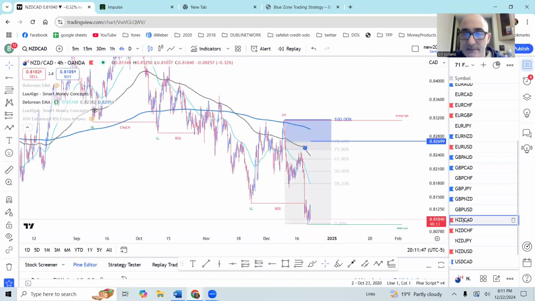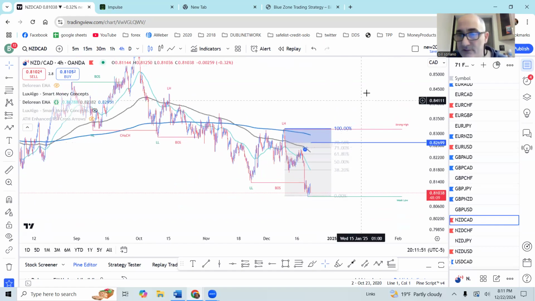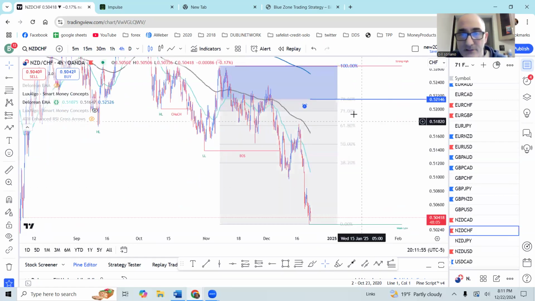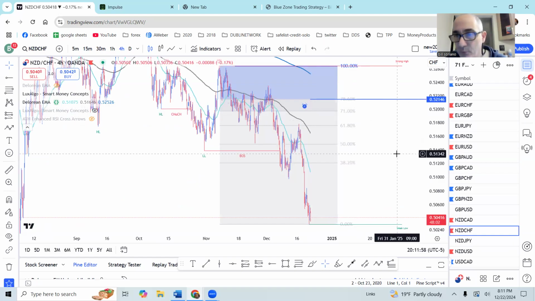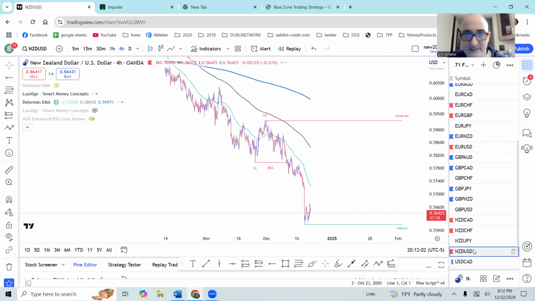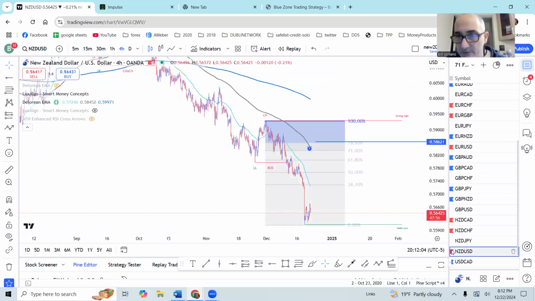NZD/CAD, right? This is bearish, and we have an alert set at 0.82699. NZD/CHF is bearish also with an alert set at 0.52146. NZD/USD is bearish with an alert set at 0.58605, a little bit high there.